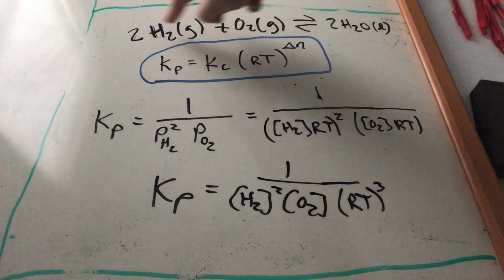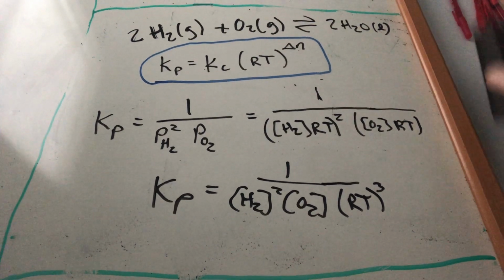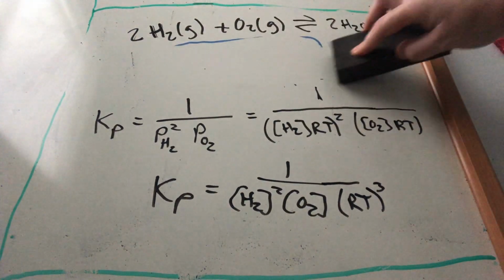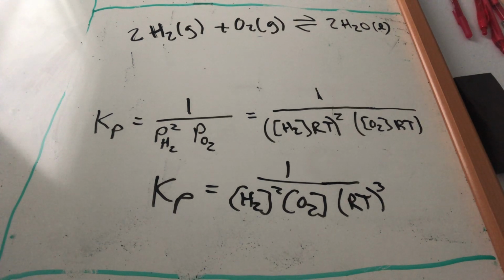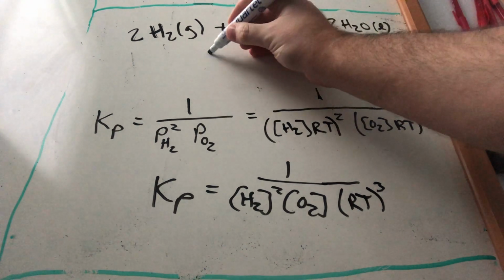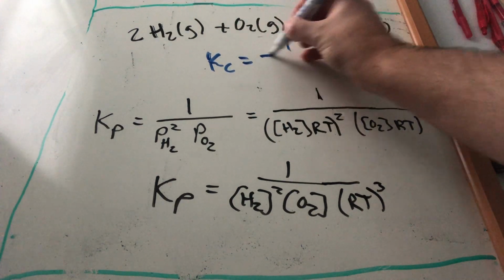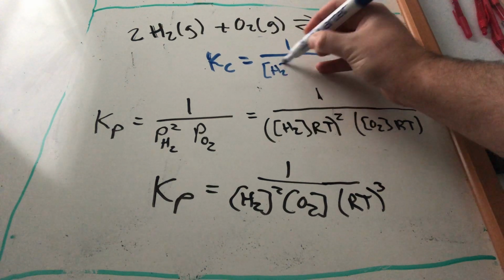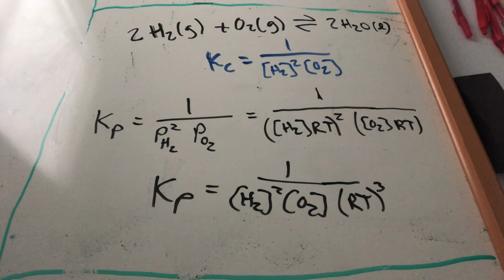Now, if I gave you this from the start and I asked you to write Kc, that's something else you should be able to do. If you were going to write Kc, you would write it as Kc is 1 over concentration of H2 squared, concentration of O2 raised to the first power.